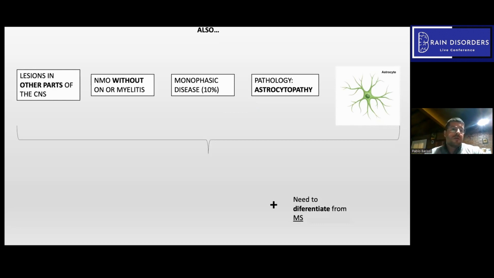There were lesions in other parts of the CNS, the central nervous system, NMO without optic neuritis or myelitis, monophasic disease in 10% of the patients, and they discovered that the pathology was an astrocytopathy, where the astrocyte forms the blood-brain barrier.